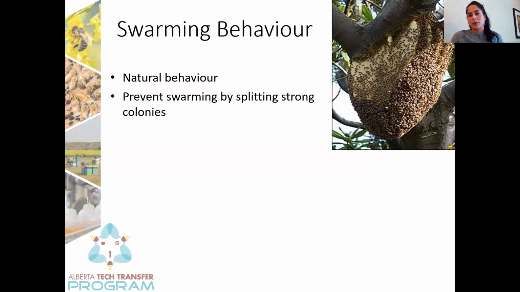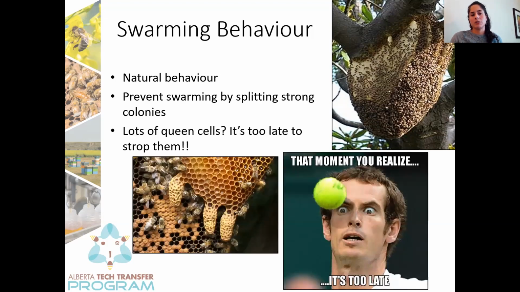To prevent swarming, you have to split your colonies. You have to split your strong colonies, and you have to do it early in the year. Otherwise, they will swarm. So the best way to prevent that is splitting strong colonies. If you go to a colony and it has lots of queen cells, that's way too late to stop them.